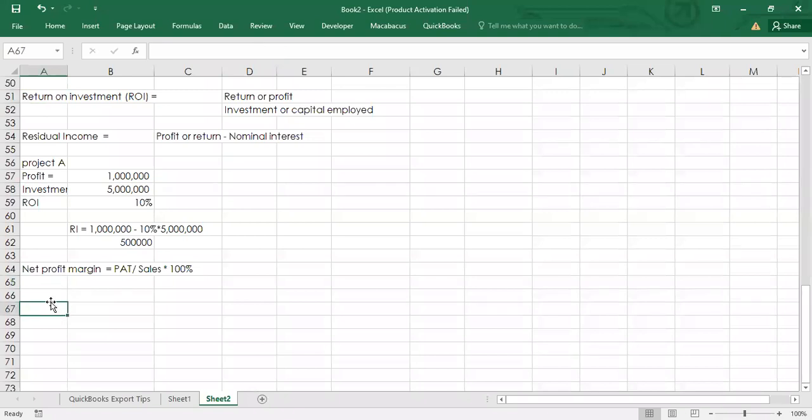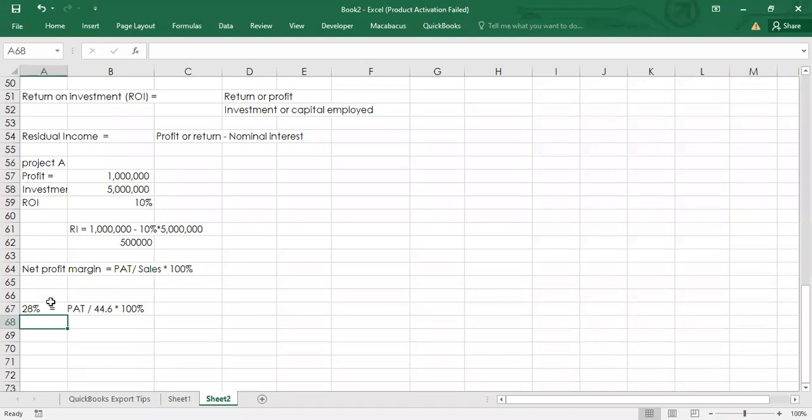Having said that, for A they gave us the net profit margin rate as 28%. We don't know our profit yet, but we're given sales. They say the sales from division A are 44.6 million, times 100%. Of course, 100% is the same as 1, so you just ignore it.